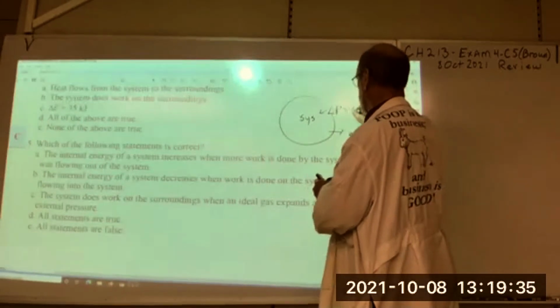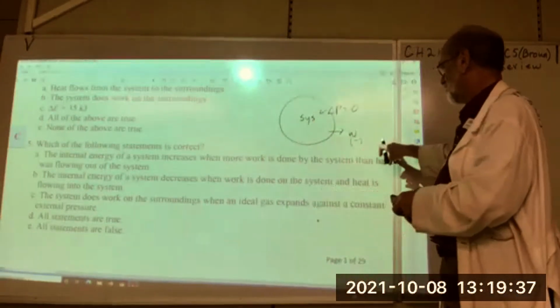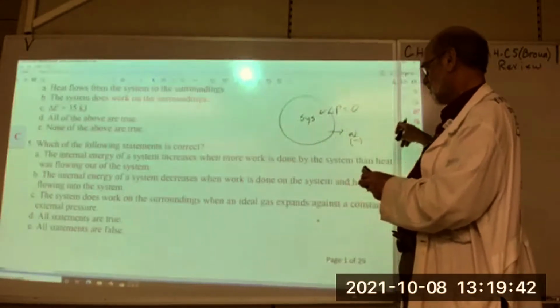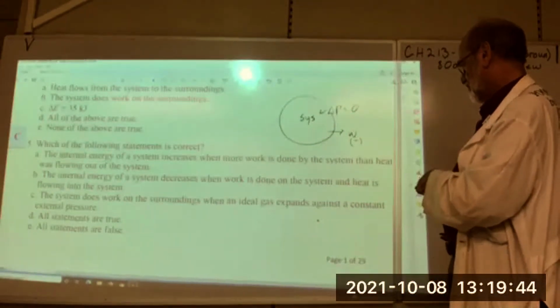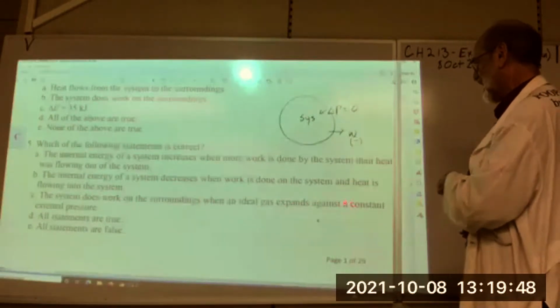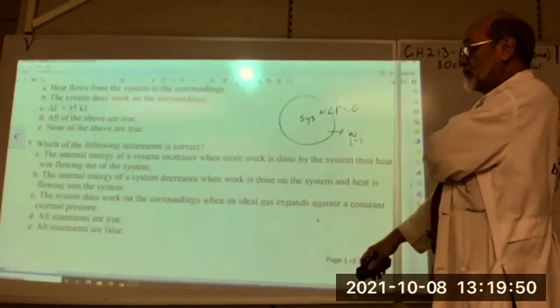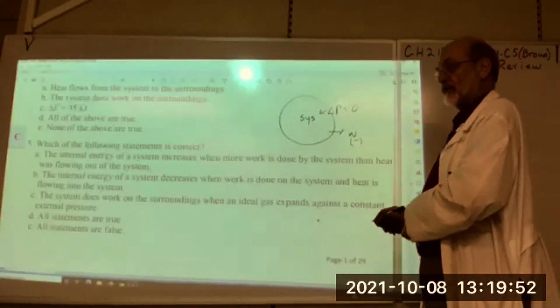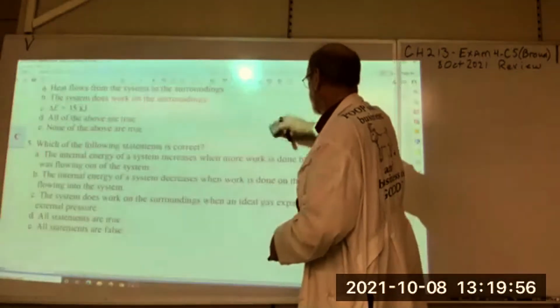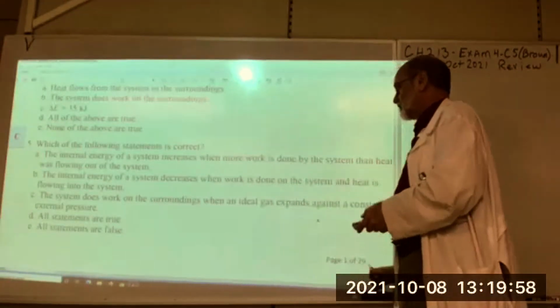Change of pressure is 0. It's constant pressure. So if the system is doing work on its surroundings, work is leaving. And that happens when a gas expands against a constant pressure. That statement right there, we don't even have to think about it. That's true on its face.